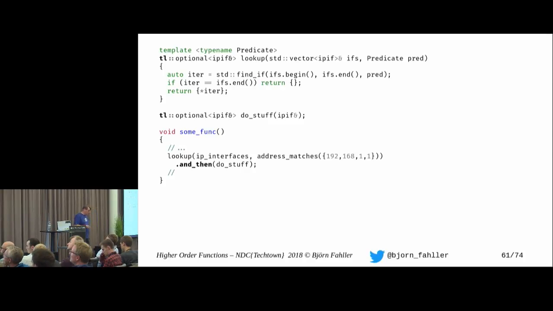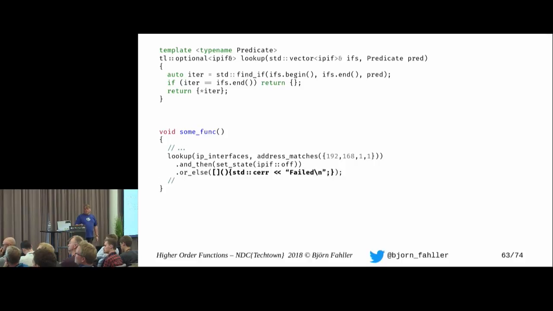And like I mentioned, we can also return something that itself is optional to be able to fail an operation. So I can say that set state, and then I've changed set state so that it returns an optional, so that that is its way of signaling that, sorry, I could not set the state for whatever reason.